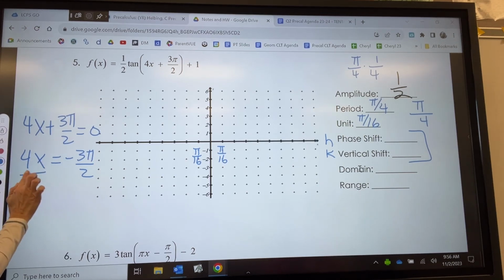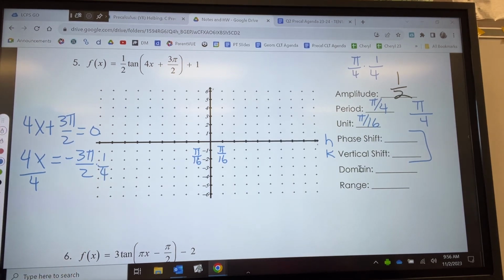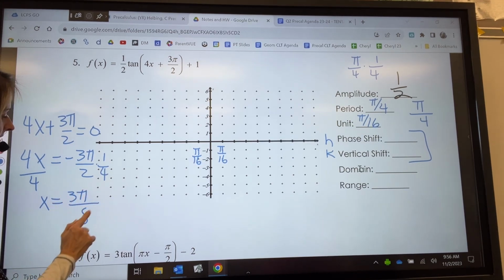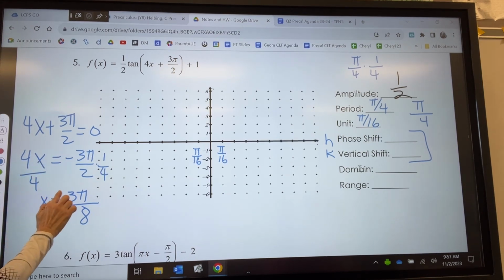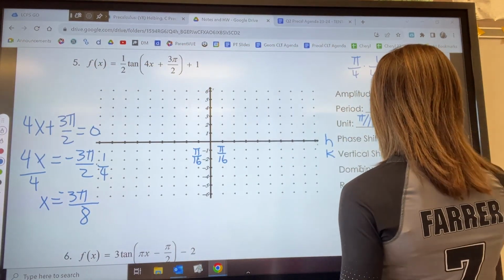When I divide by 4, I'm going to multiply this side by 1/4, multiply by the reciprocal. I'm getting 3 pi over 8. Negative, right? Negative. So my phase shift is negative 3 pi over 8.